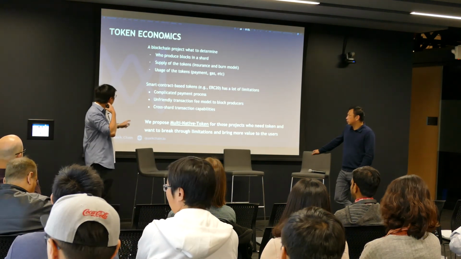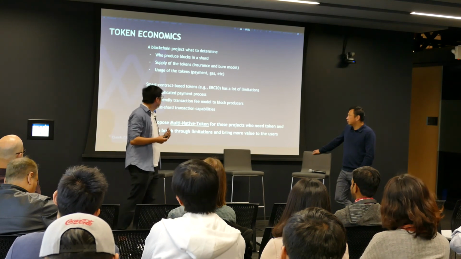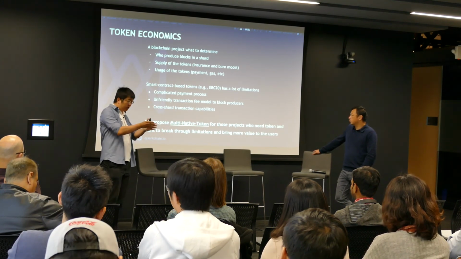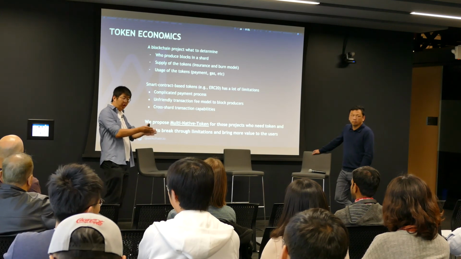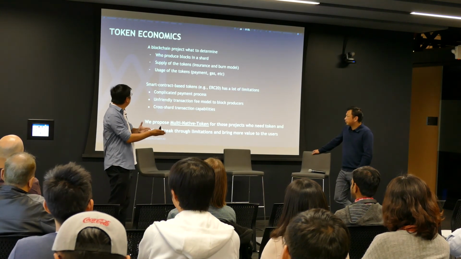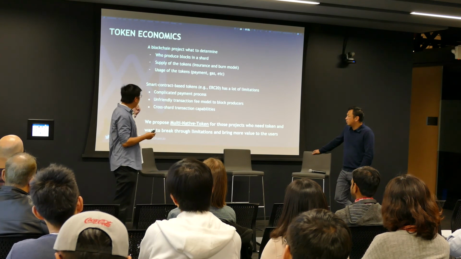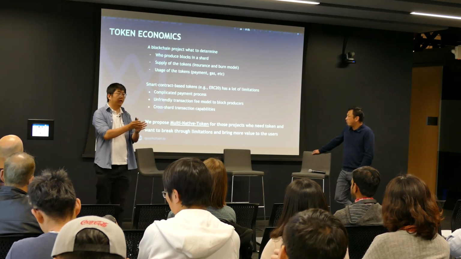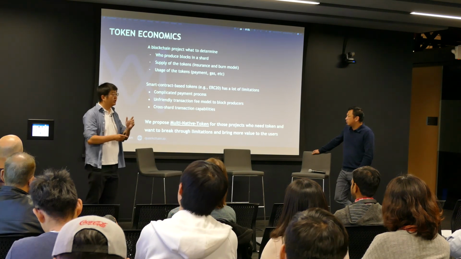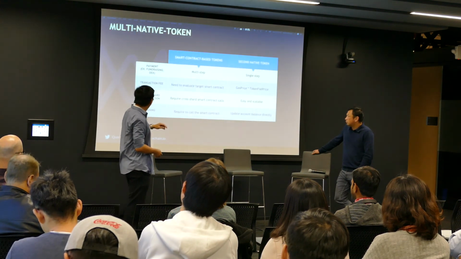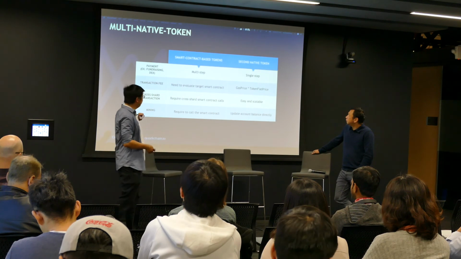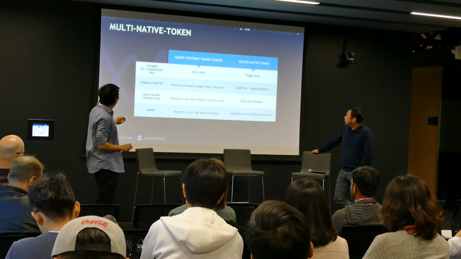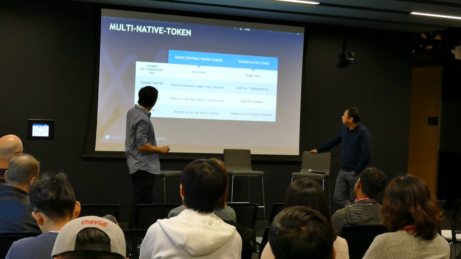So we propose these multi-native tokens so that those vertical domain projects are able to create their vertical blockchains, determine their token economies, and set up their native tokens. And these native tokens can be used directly, for example as a transaction fee, which is impossible for Ethereum. And you can also use a single step to finish the payment.